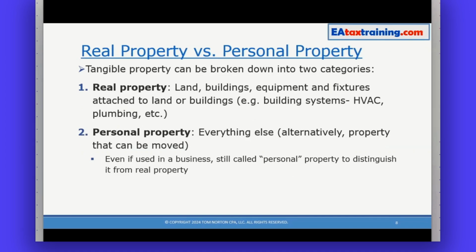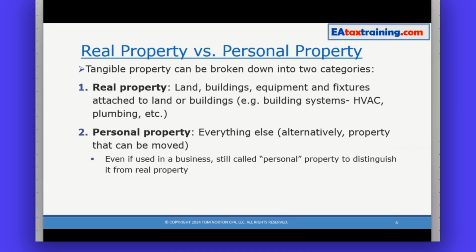These are very old terms that have been around for a long time. So real property, think of real estate. Real estate is real property. So it's land, buildings, and the equipment and fixtures that are attached to the land and buildings. For example, air conditioning systems, electrical systems, plumbing, anything that's built in to the building or attached to the land would be considered real property.